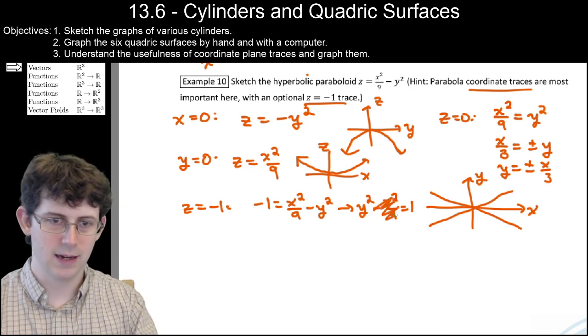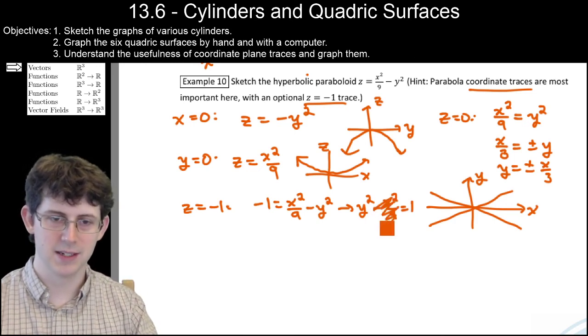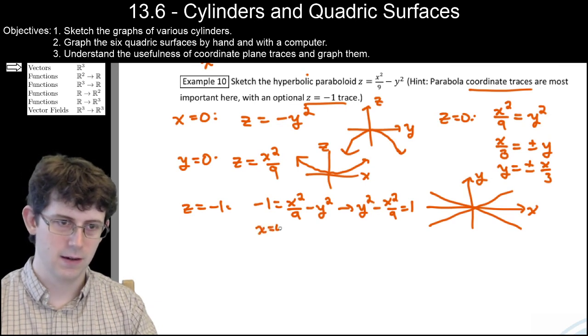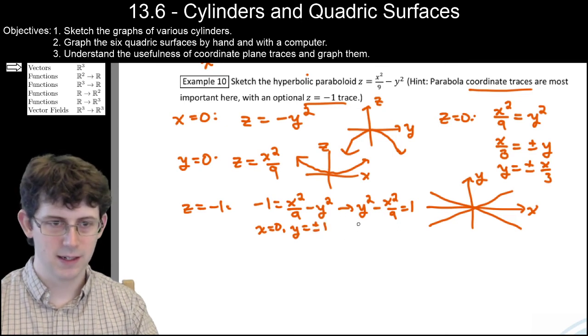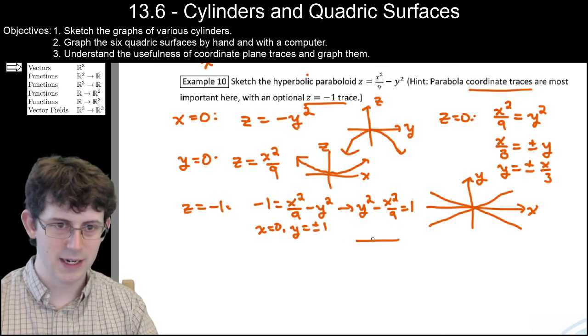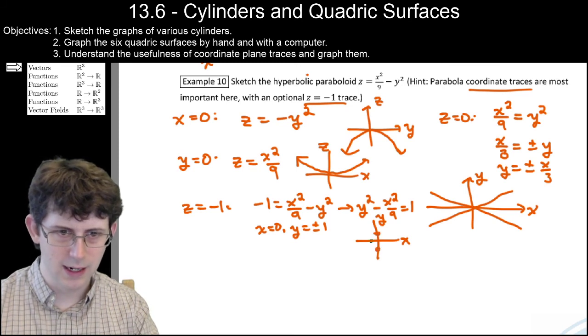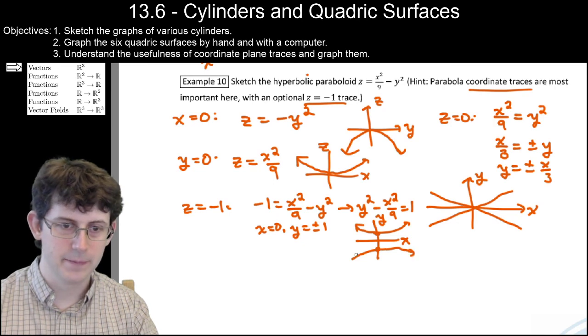The hyperbola works with y equals plus or minus 1, and x equals 0. But it doesn't work with the others. So at z equals -1, we can look in the xy plane, and we get that there's points up here, and you get kind of like a hyperbola that goes this way.